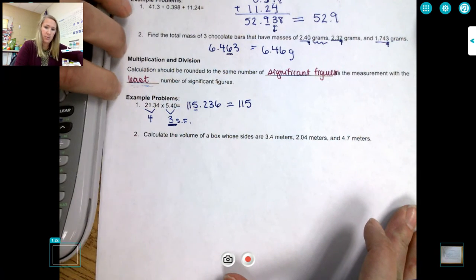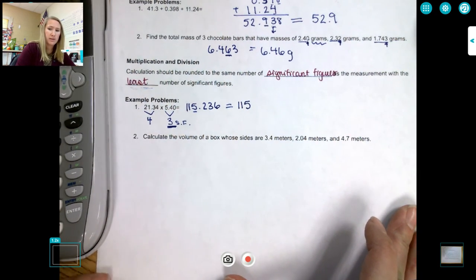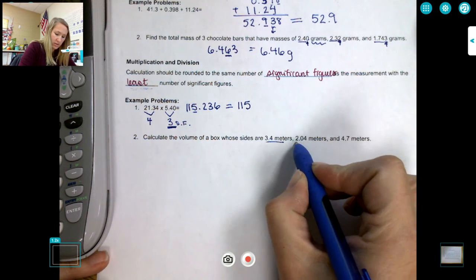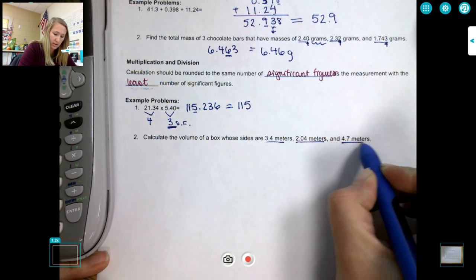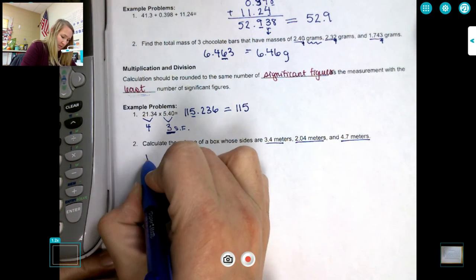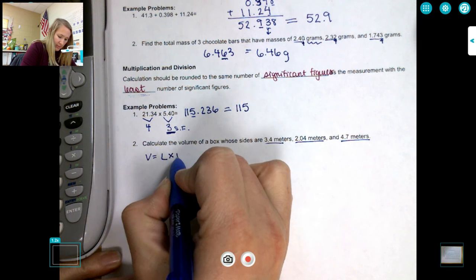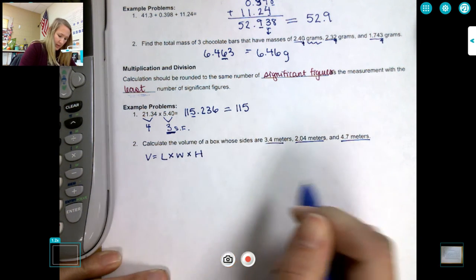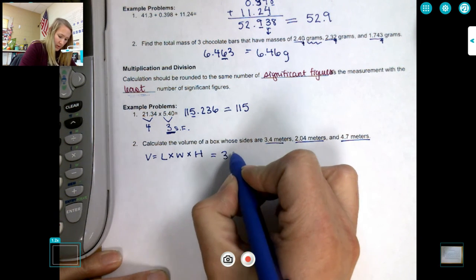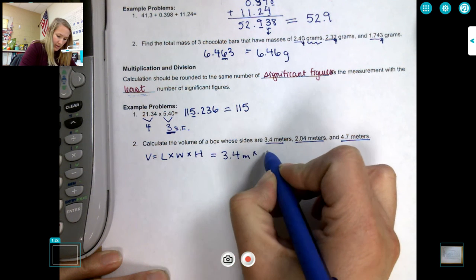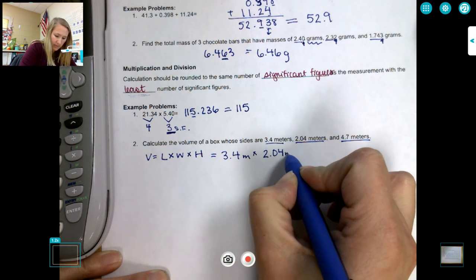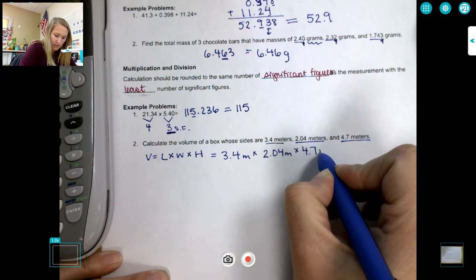In our last example problem, we're asked to calculate the volume of a box whose sides are 3.4 meters, 2.04 meters, and 4.7 meters. Remember that volume is length times width times height. So I'm going to have 3.4 meters times 2.04 meters times 4.7 meters.